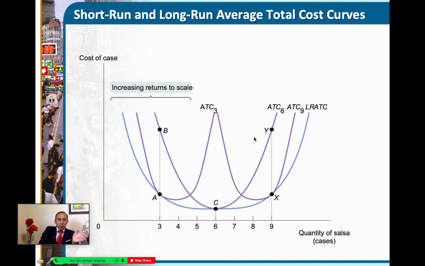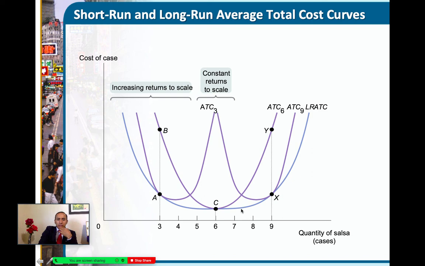If you operate somewhere in the middle between 5, 6, and 7, you may have constant returns to scale, which means you have constant production, constant costs, or the lowest cost. Cost is relatively flat, it's constant. At 5, 6, and 7 it is constant, and your output can increase from 5, 6, and 7 at a constant cost.